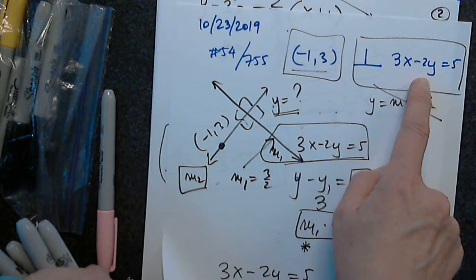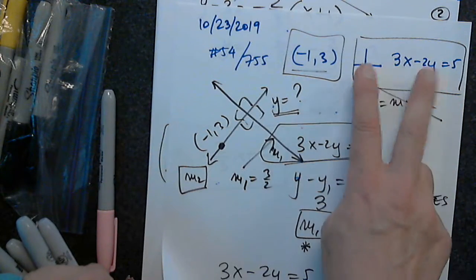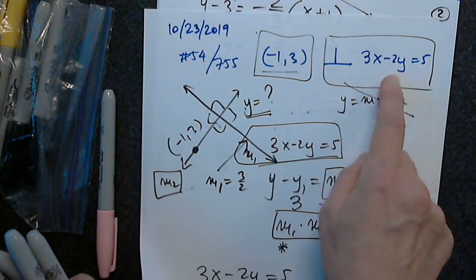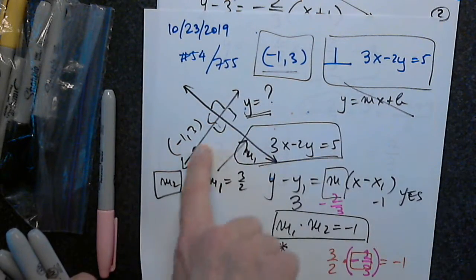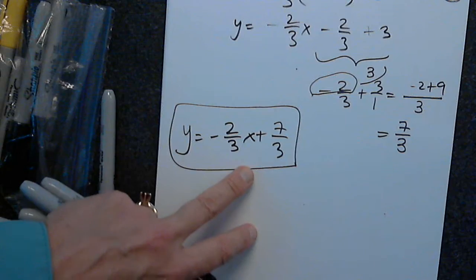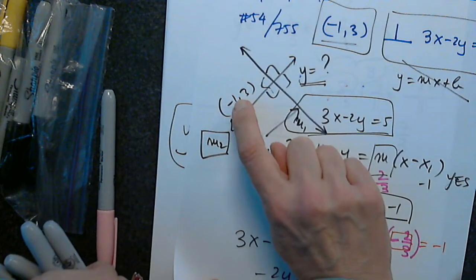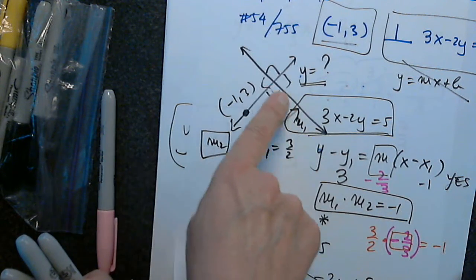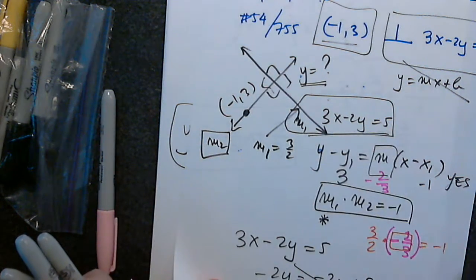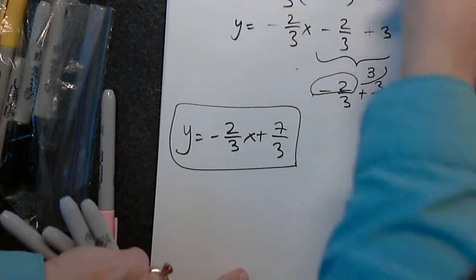Because we use this to determine the slope. By them being perpendicular, it helped us determine the slope of this line. So one more time, y equals negative 2/3 x plus 7/3 is the equation of the line that passes through this point and is guaranteed to be perpendicular to 3x minus 2y equals 5. Better? Okay. Questions?